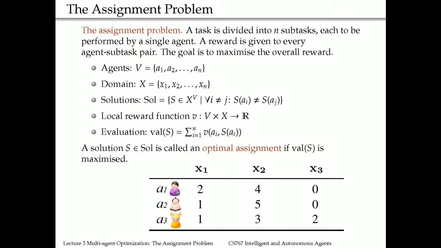We have the agents A1, A2, A3 up to An, and then we have the same number of items or commodities in the shop, X1, X2 up to Xn, and a commodity can only be given to one agent. It cannot be split among different agents. So eventually the agents want to take some items. Everybody wants to have an item by themselves, and all the items want to be distributed to some agents, right?